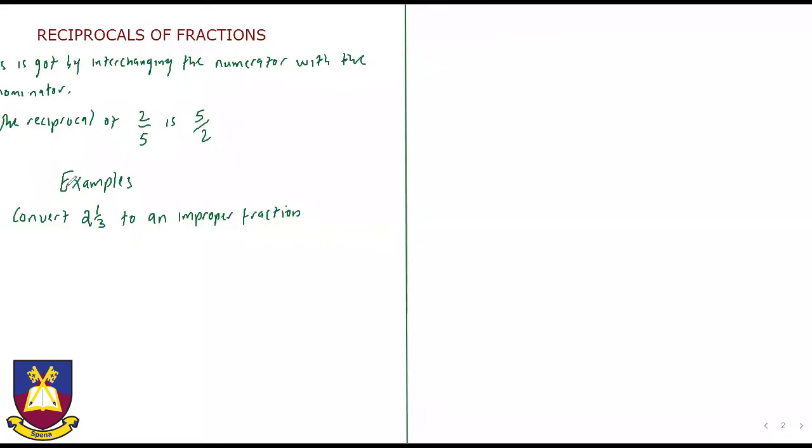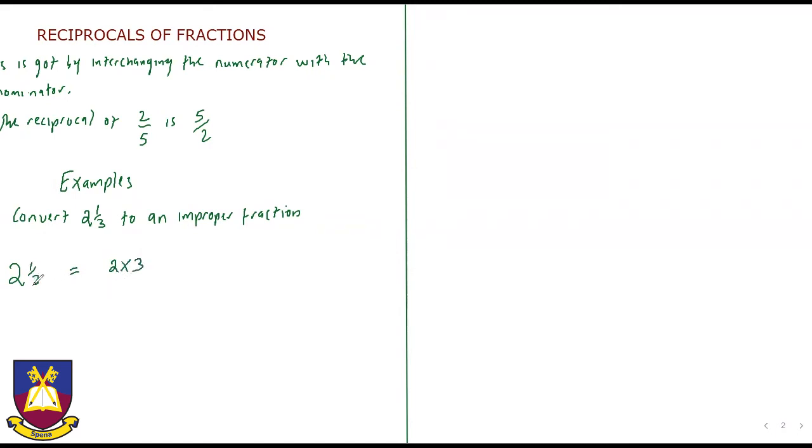Let's look at some examples about fractions. This one says, convert 2 whole numbers and 1/3 to an improper fraction. So we can convert between the given types of fractions. And to convert 2 whole numbers and 1/3, this will be the same as getting 2 times 3.